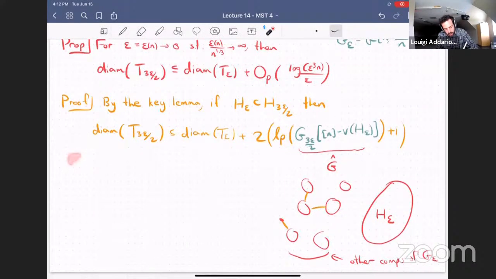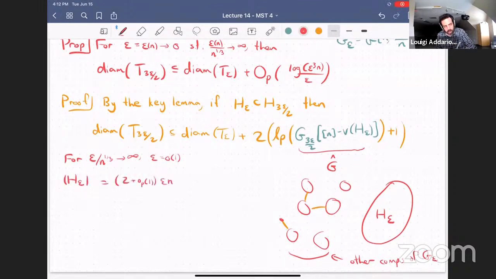Okay, and so let me explain the reason for that. We know that when epsilon over n to the third tends to infinity, and epsilon is little o of 1, then the size of H epsilon is 2 plus little o 1 in probability times epsilon n.